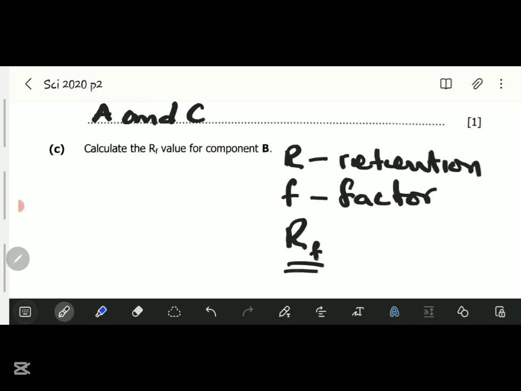So the retention factor is always given by the formula distance moved by the dot or by the spot.